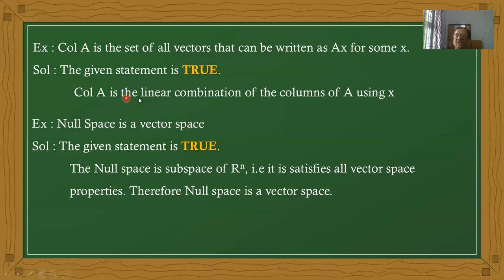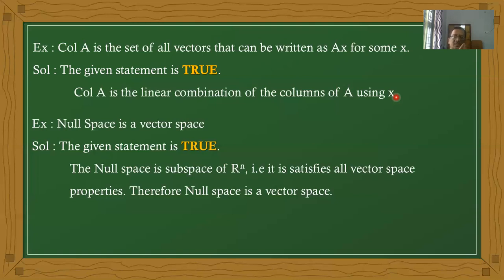Column A is a linear combination of the columns of A using x. For example, the first column times some value plus the second column times some value, and so on. Therefore, it is a linear combination as per the definition.